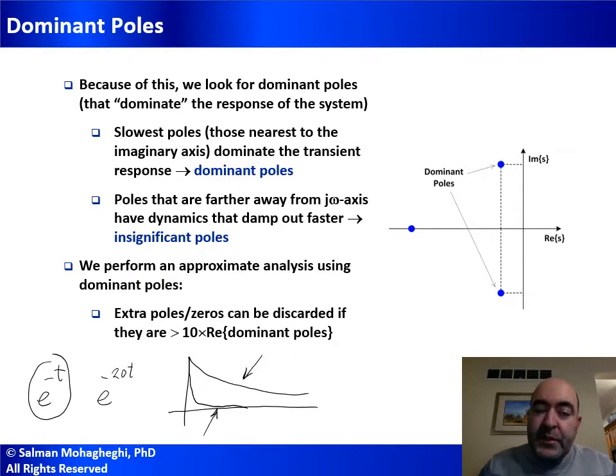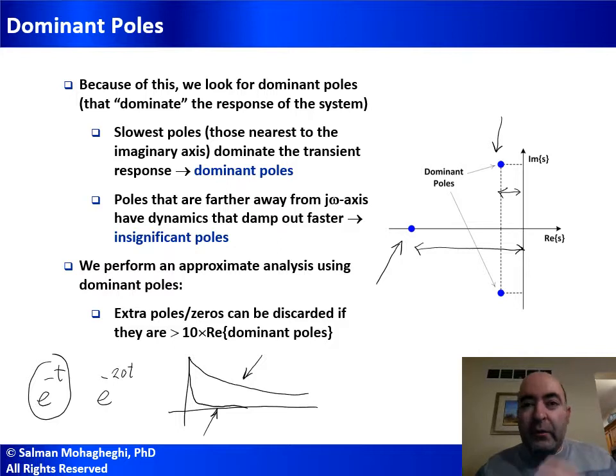If the difference between the distance of this closer one, which I'm showing here with this arrow, and the one which is farther away is large enough, we can perhaps assume that the one which is close, which is a slower pole, is the dominant pole. That is the one that will overshadow the other responses. And this pole, which is farther away, has dynamics which will die out very quickly. We call these insignificant poles.